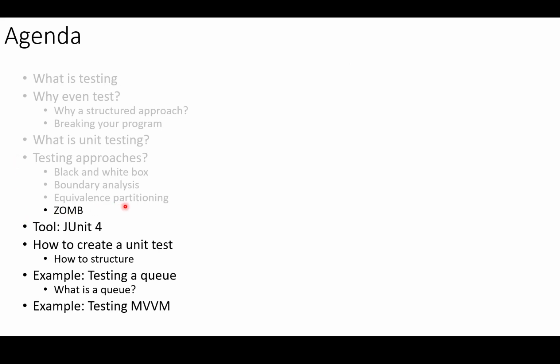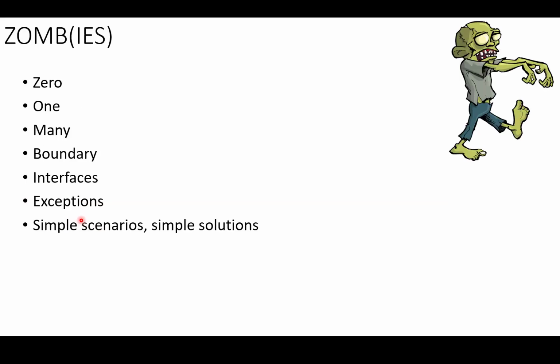Now I have a comment about the ZOMBIES, because you're probably going to see this in your software engineering course, and it's an acronym, zombies. So we want to test 0, 1, many, boundary. There's some interface definitions. The last three here are a bit vague on the explanation. I think when I've looked them up, interface definitions, I'm not actually sure.